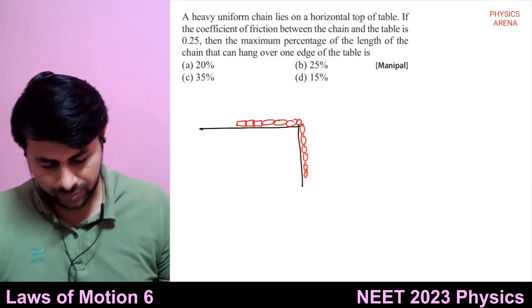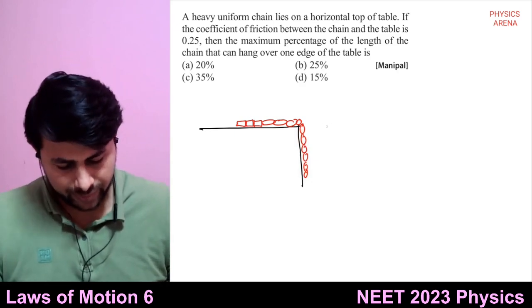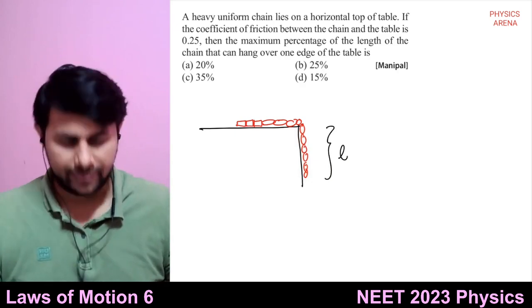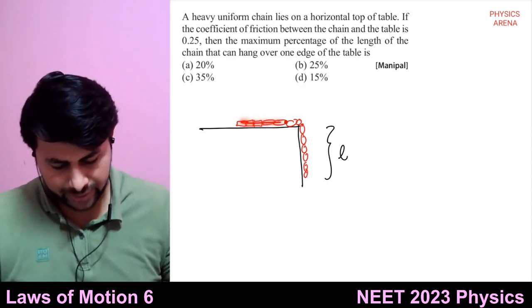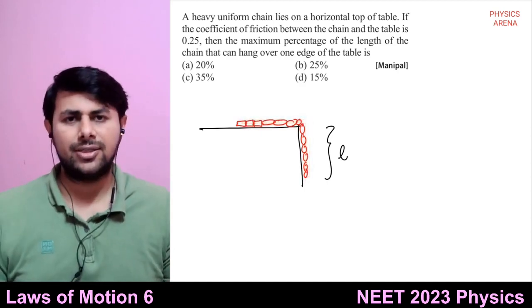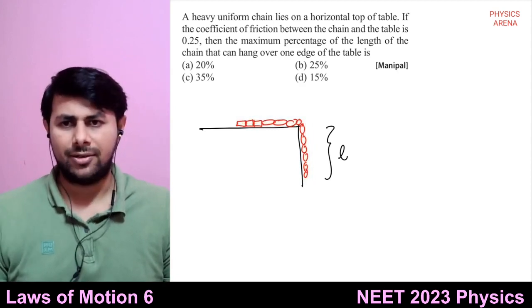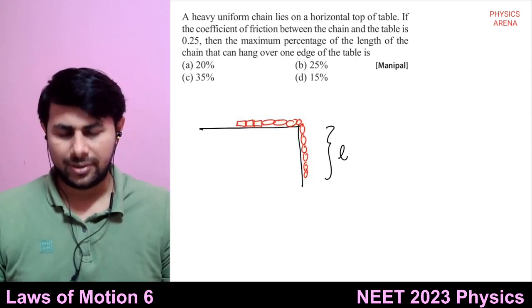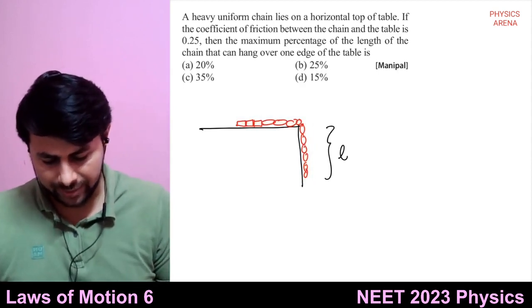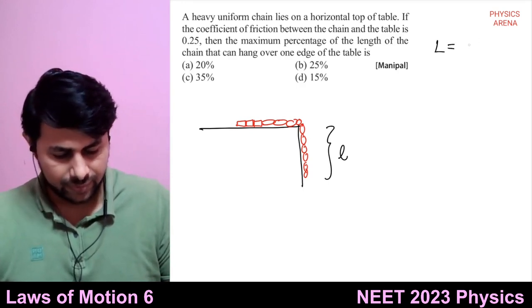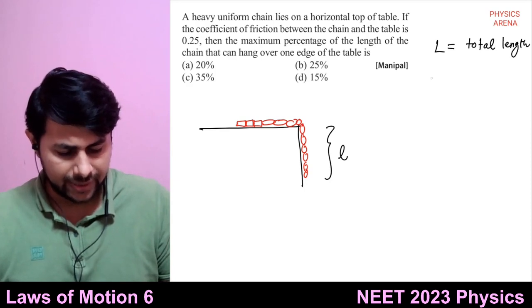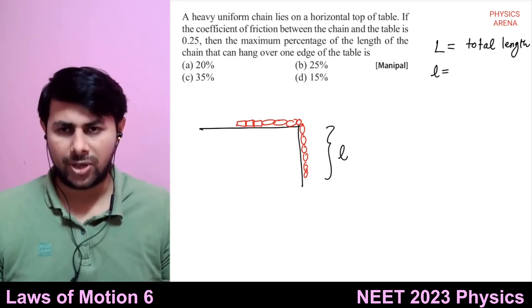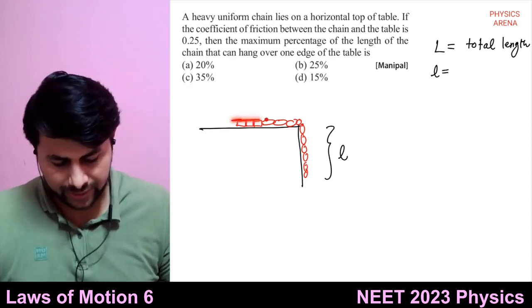So let's suppose the total length of this chain is equal to capital L, and the length that hangs is small l. So how much would be this length?